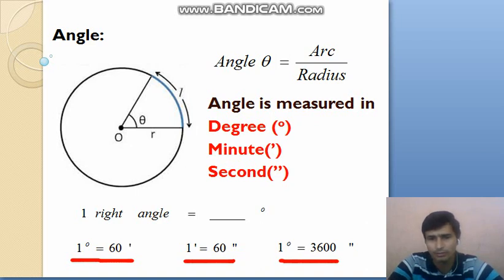Obviously reverse conversion is also possible. 1 minute is equal to 1 divided by 60 degree, 1 second is equal to 1 divided by 60 minute, and 1 second is equal to 1 divided by 3600 degree. So there is a relationship between degree, minute and second.